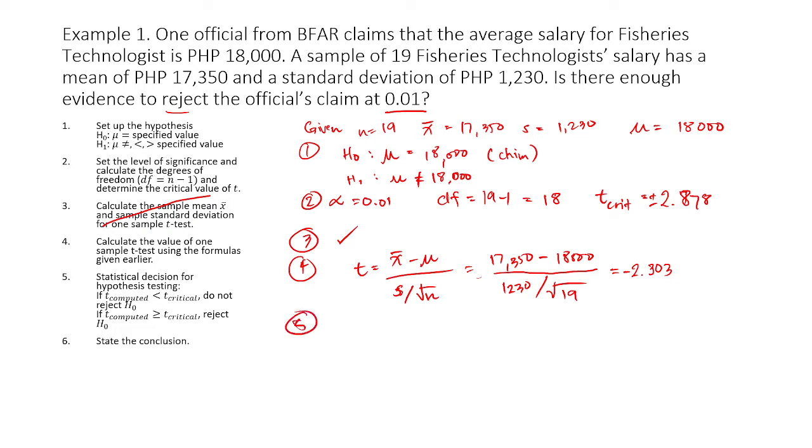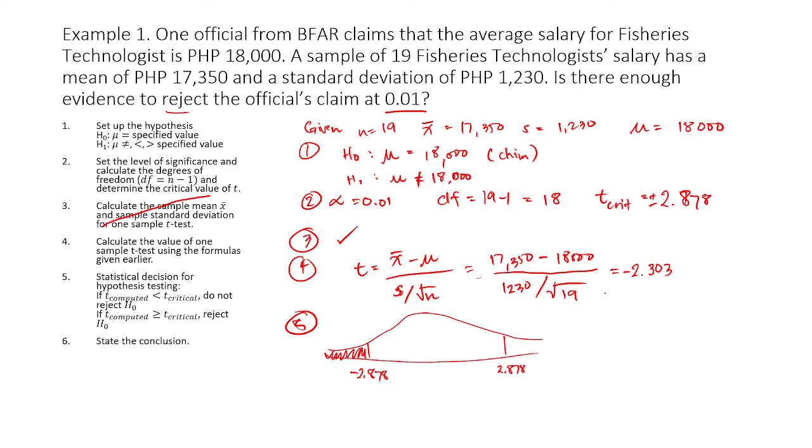Okay. So, ang tanong dyan, paano na yung step 5 natin? Yung statistical decision natin. So, para mas malinawan tayo dun sa mangyayari, para lang ma-set natin yung bars. Pasensya rin sa pangit na bell curve. But anyway, ang sabi natin last time, we have here negative 2.878. And we have here 2.878.